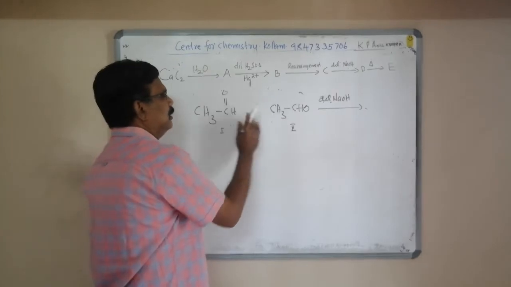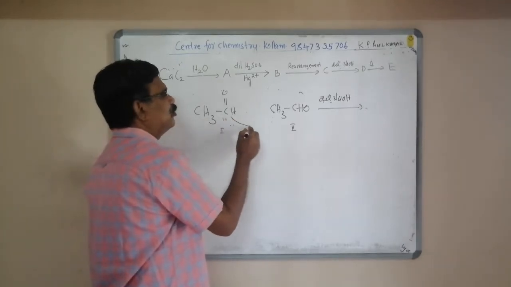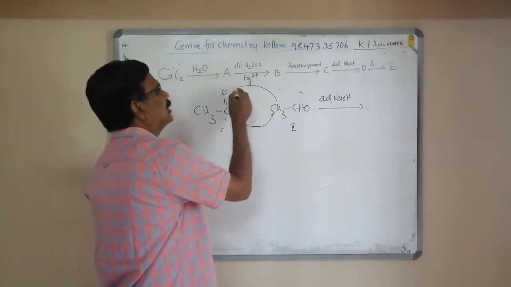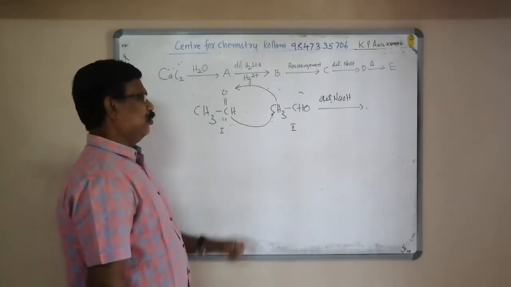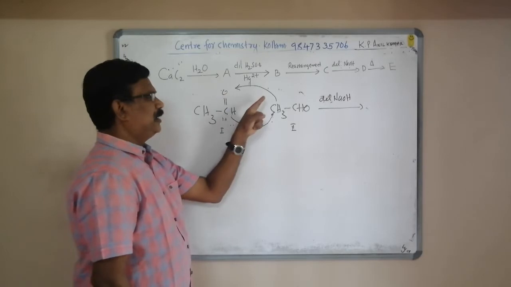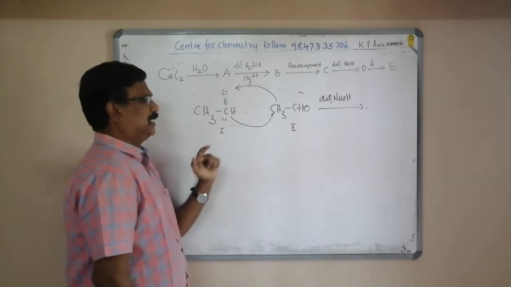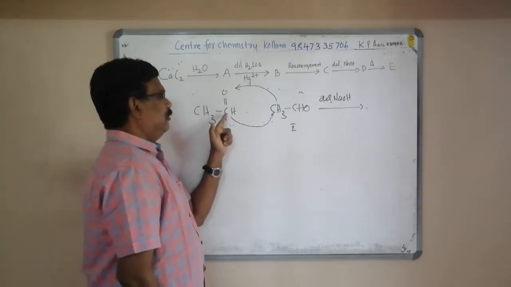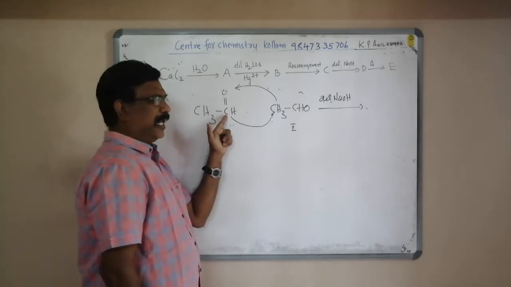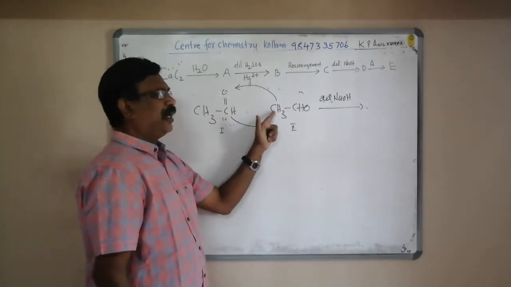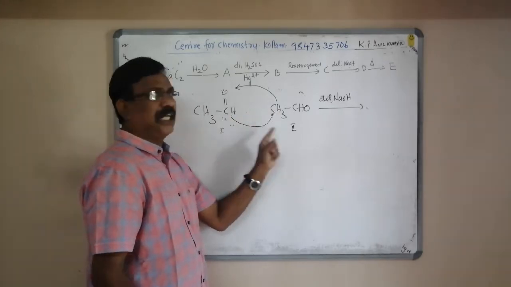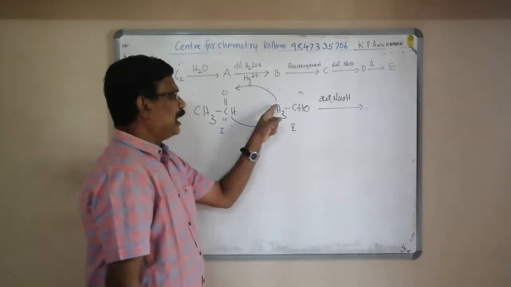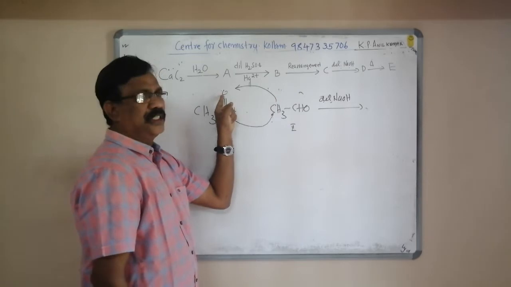This carbonyl carbon, the head, is connected to this tail, and one alpha H migrates towards the carbonyl oxygen of the first molecule. This is the shortcut.